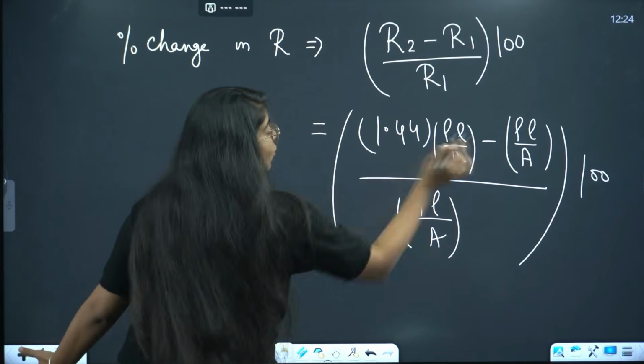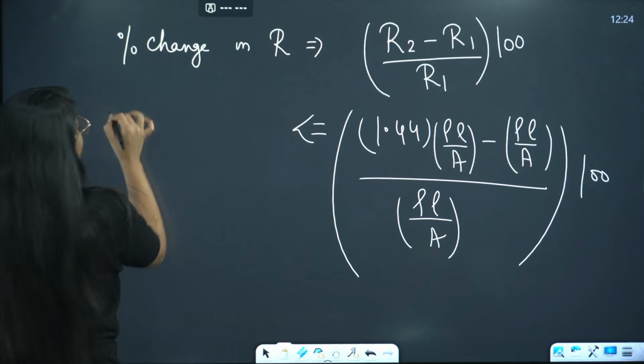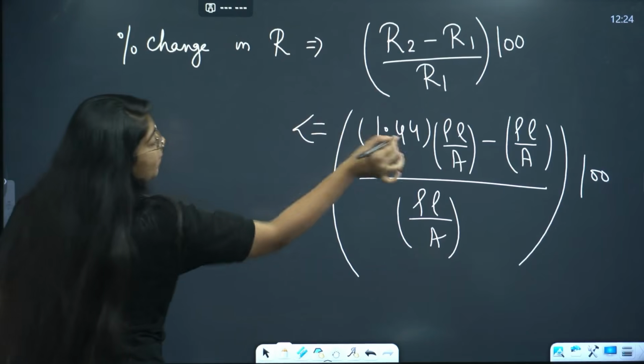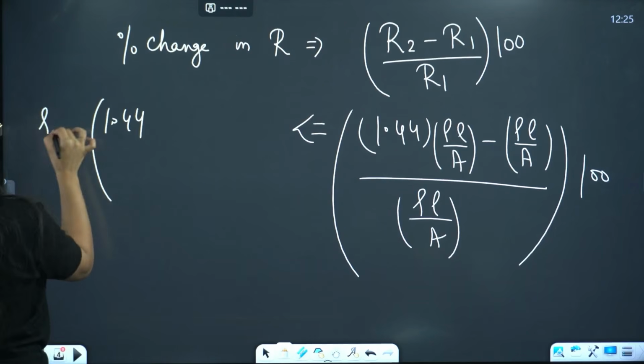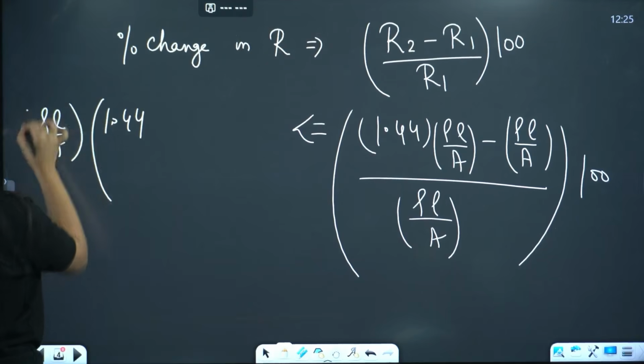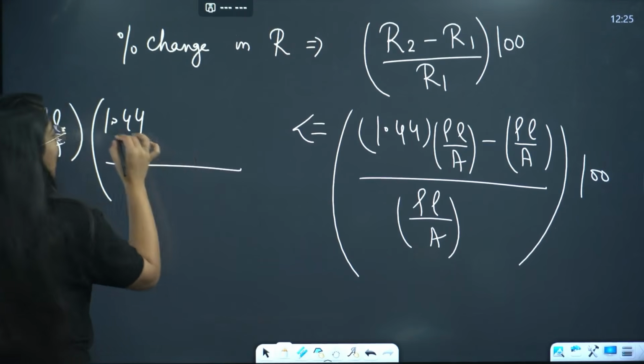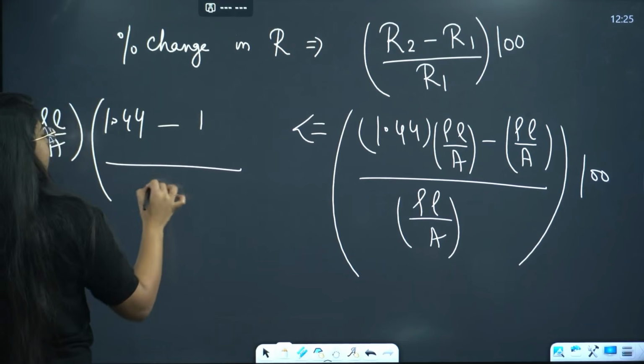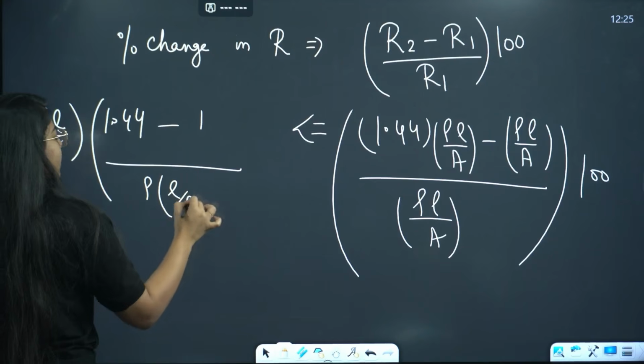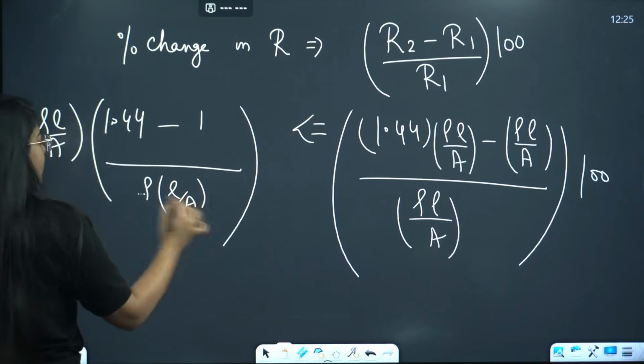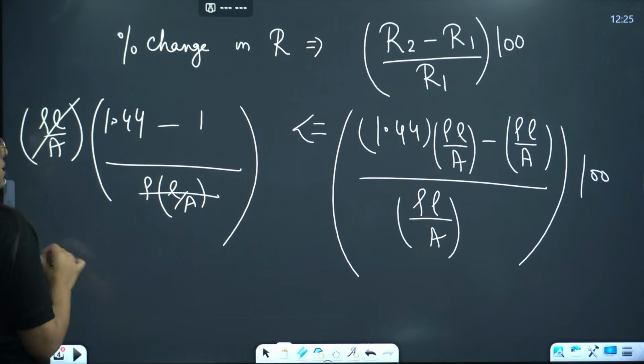Now take this rho L by A common. Can I do this? 1.44 minus 1, if I take rho L by A common from the numerator, divided by rho L by A, it is still here, correct? This cancels out, same term.